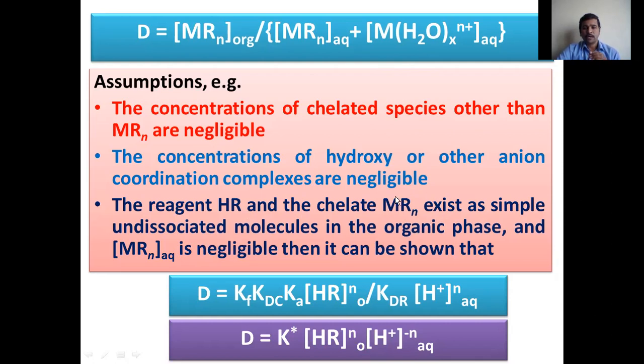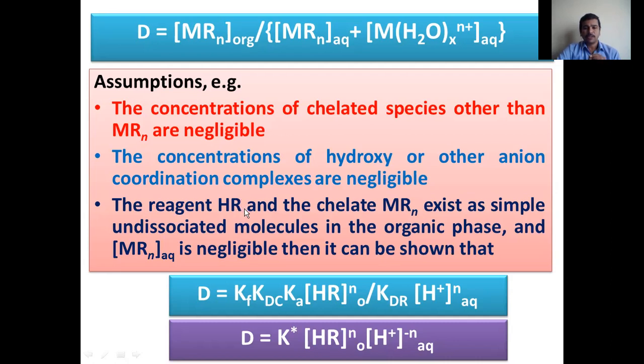Here, we are concentrating on extracting only the metal in the form of MRN, and we are using HR as a reagent to form MRN. Whatever HR dissociates will contribute R minus to form MRN. Therefore, MRN is the only species to be extracted into the organic phase.